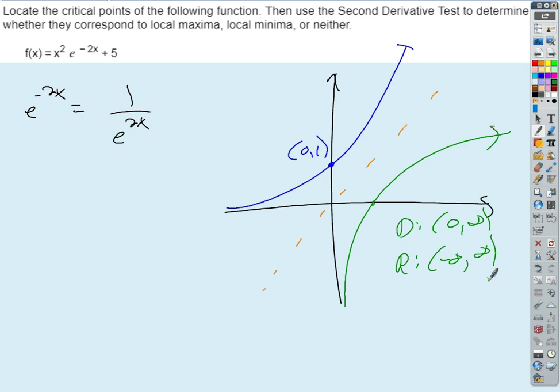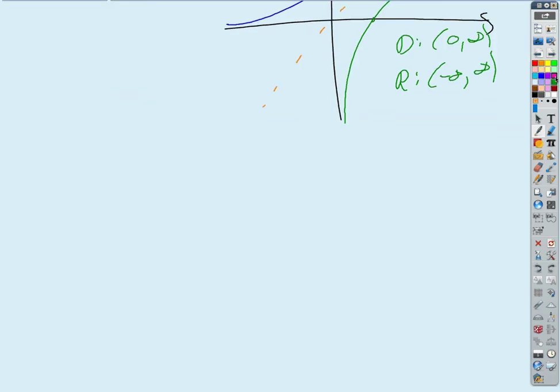Now go back to algebra 2. What did you learn about this? If my parent function is f of x, and g of x is f of negative x, if I multiply x by negative 1, what does that do to the function?